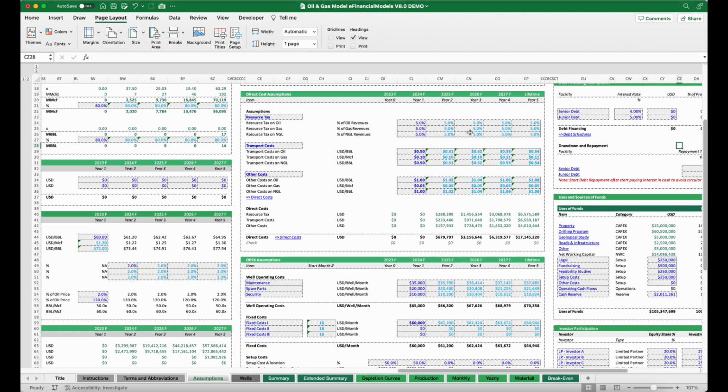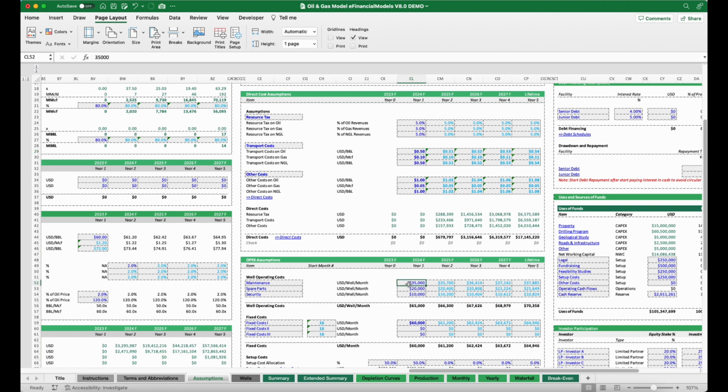We might have costs which are related to the amount of revenues. For instance, resource taxes, these can be different for oil and gas, but we also might have costs for transporting our producers, so this we can enter as a cost per barrel or as a cost per 1,000 cubic feet of gas.